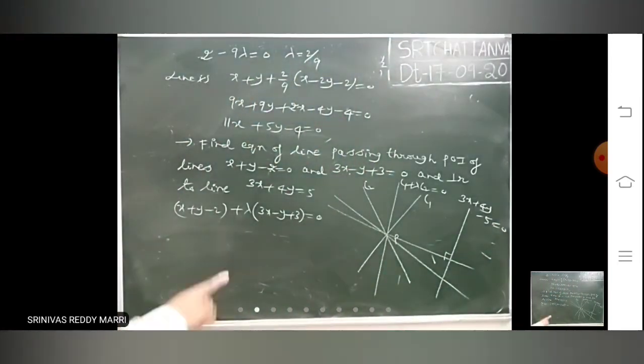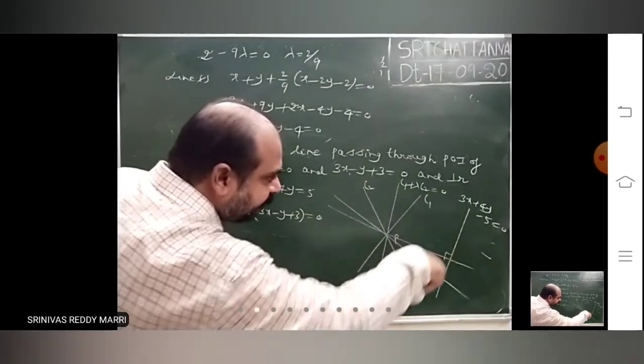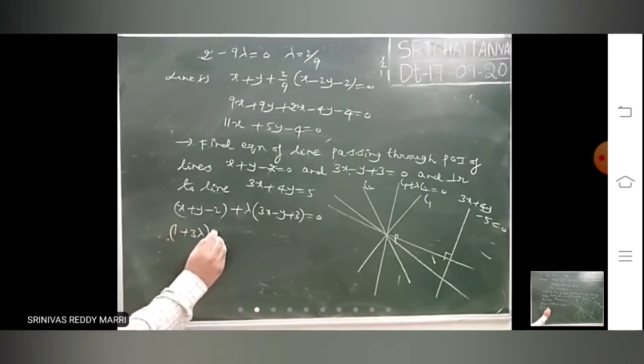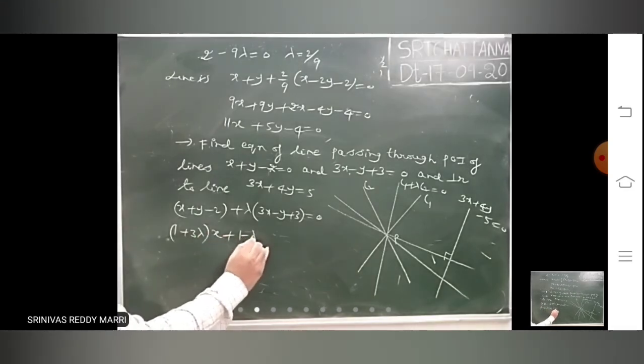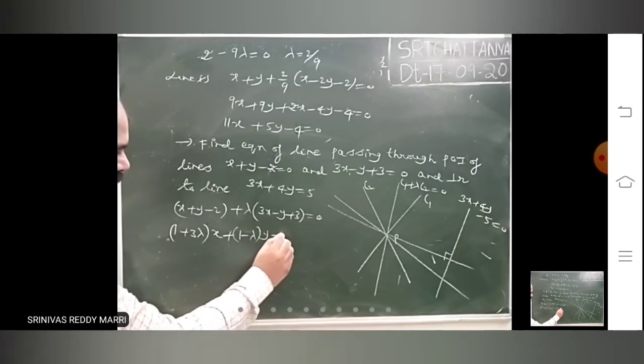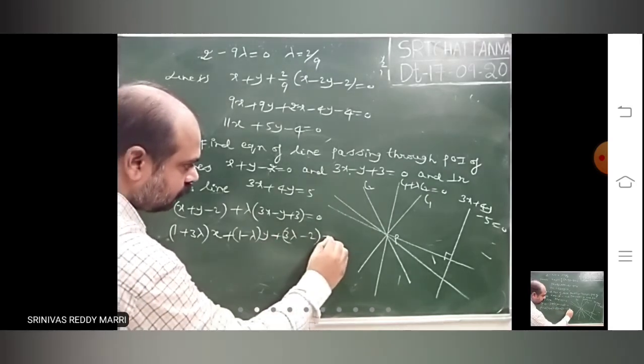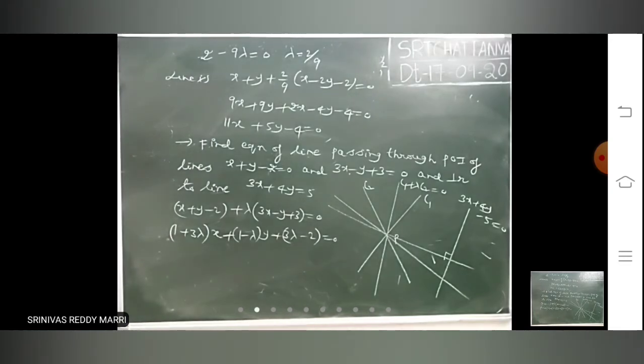That means this line is perpendicular to that. By using that condition, you can find lambda. 1 plus 3 lambda into x equal to 0. So this is the line, this line only.